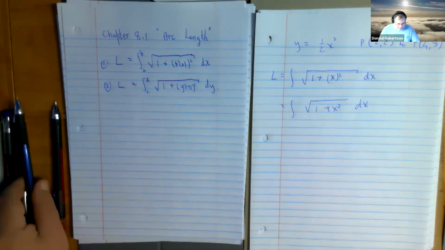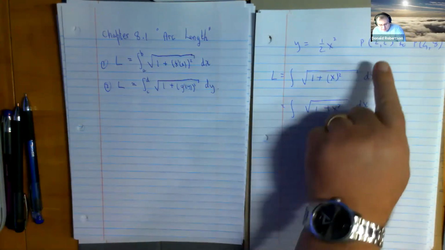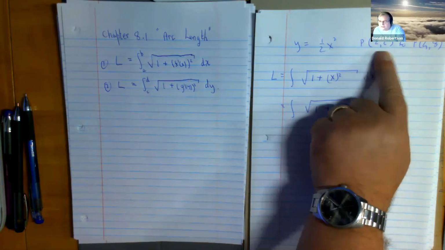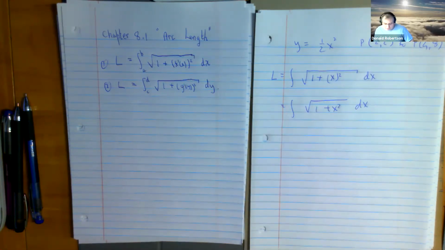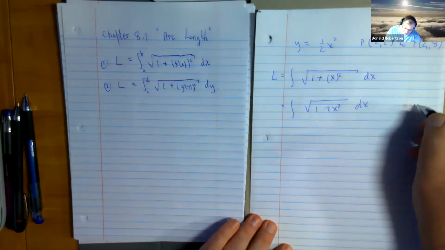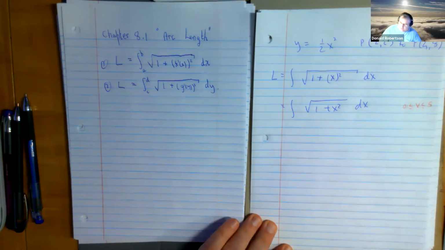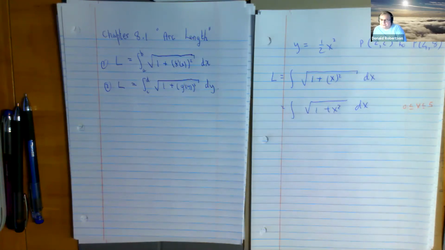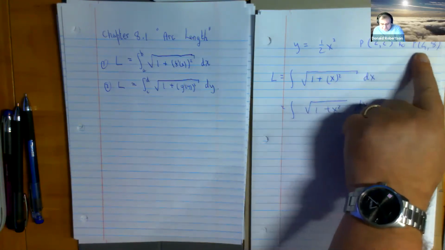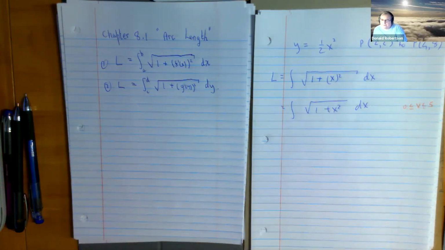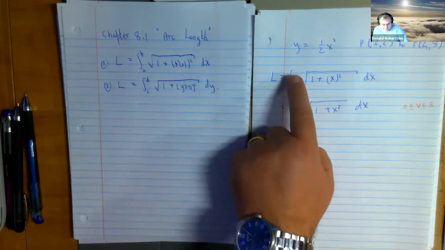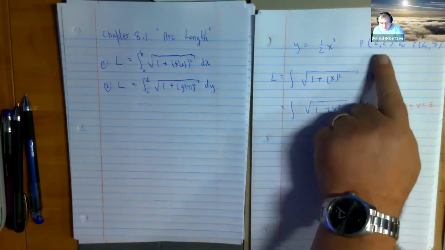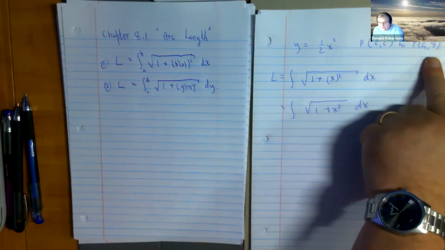So here's the problem. I need to know start x and I need to know finish x, but they haven't told me it the way they typically tell you, right? But I should be able to figure it out. What is the start and finish x values if you start at this point and you finish at that point?